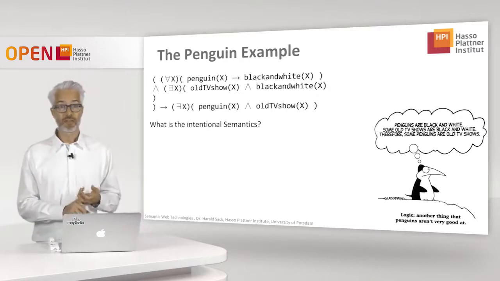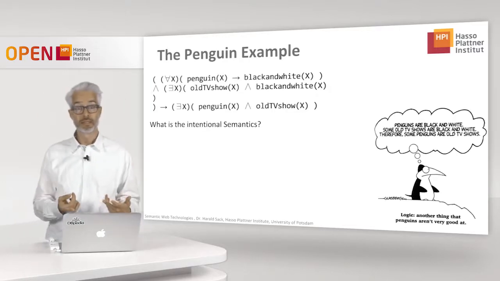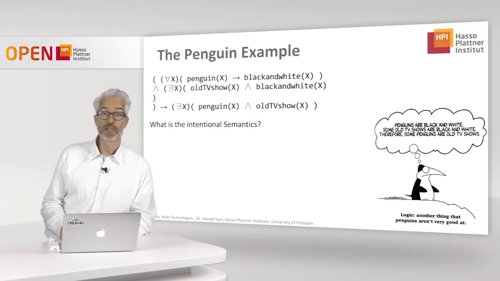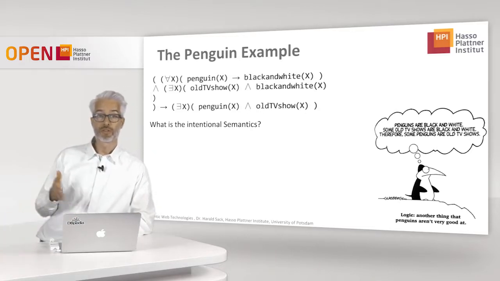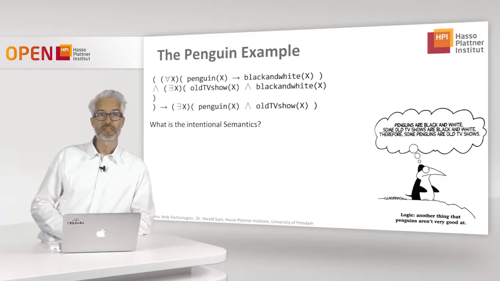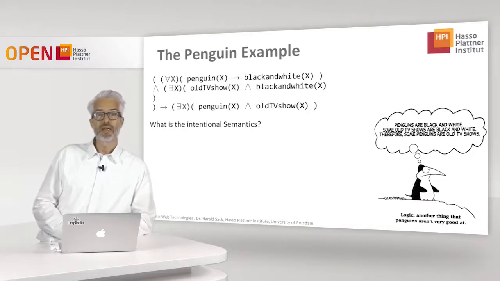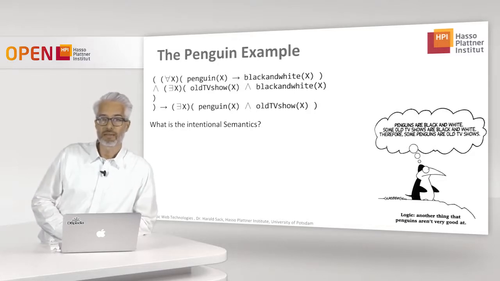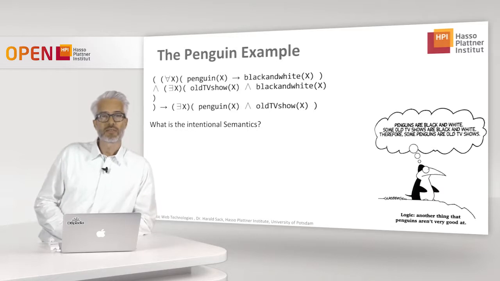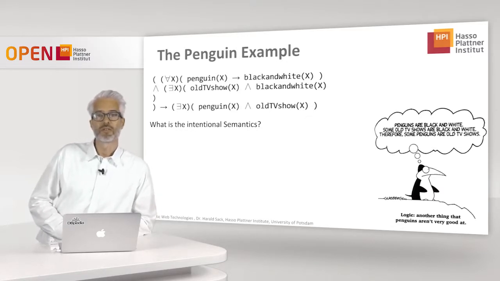Okay, so first of all, we can of course translate the natural language assumption of the penguin into first-order logic, which will then come up to something like this. For example, here we consider all variables x, where we say, okay, if x is a penguin, then x is black and white. And we connect this with the assumption that there exist some old TV shows which are also black and white.